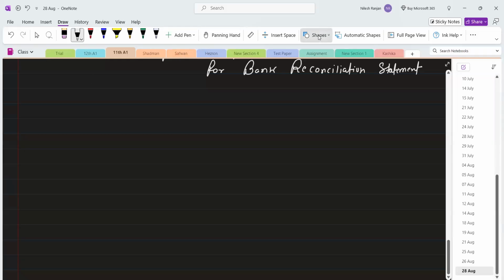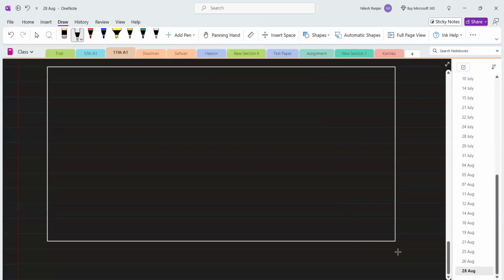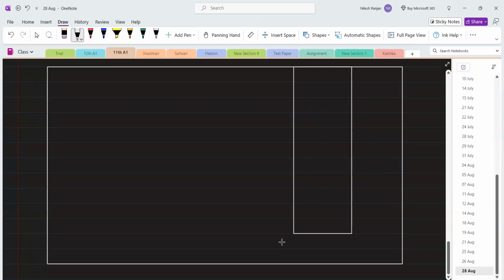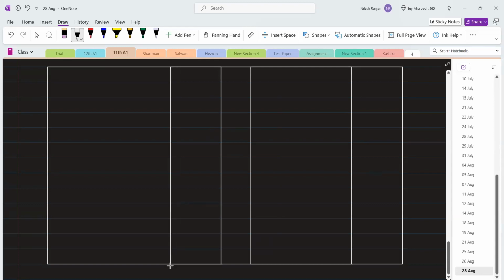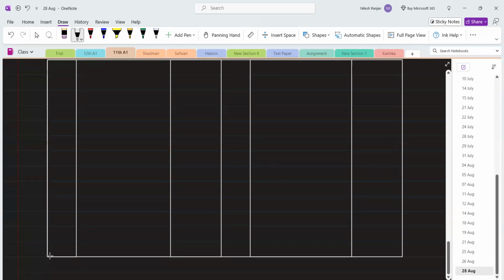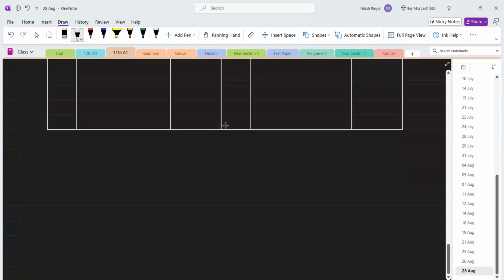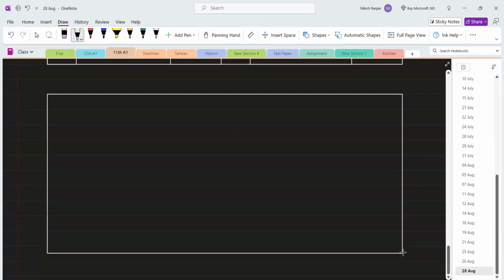Okay, let me prepare the question so that you'll understand. First of all, we have to prepare the cash book. I'm not going into detail of the format, so I will prepare a simple format with particulars, date, amount, and then date. So this is our cash book. And after that, we'll prepare a bank reconciliation statement.